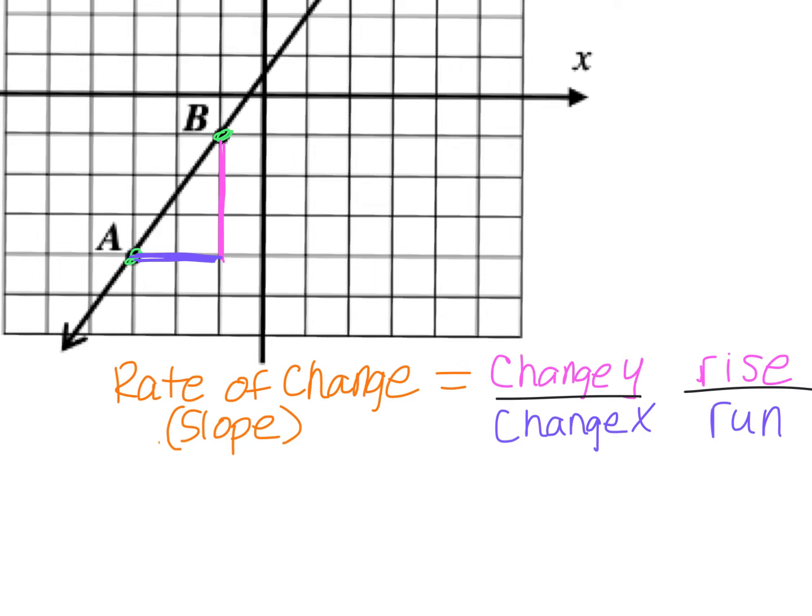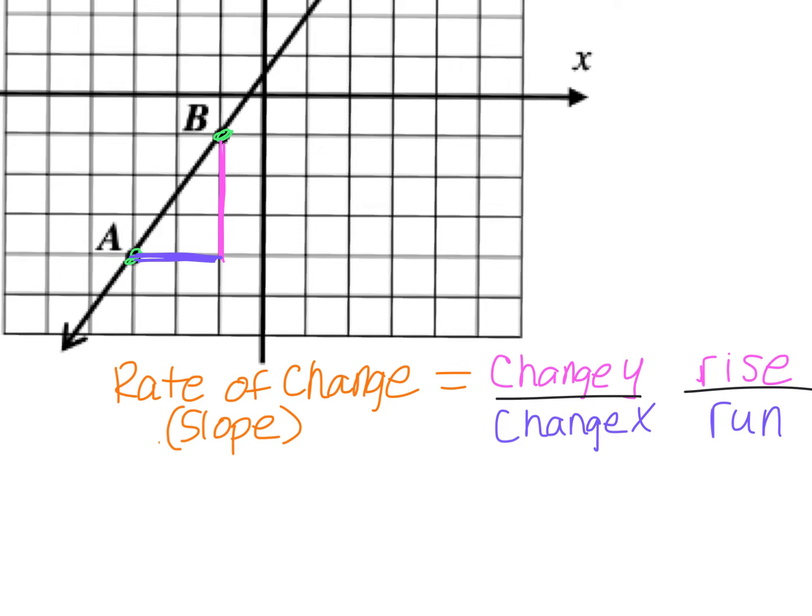Since you can see that there are no numbers along the graph, we're going to assume that each of these little boxes represents 1. To find the change in y, also known as the rise, we simply need to count. We're not going to count the lines, because that doesn't represent the length of the line.